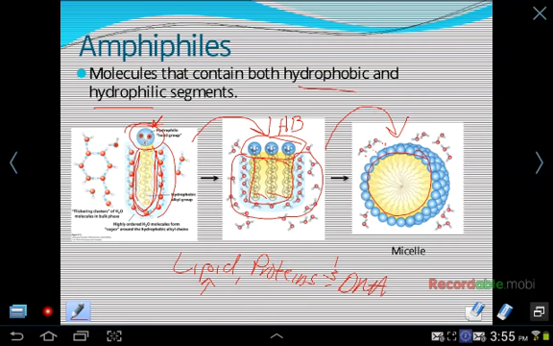So this is along the lines of the parable that like dissolves like. Nonpolar solutes like to be with nonpolar solutes, and polar solutes like to be with polar solvents.